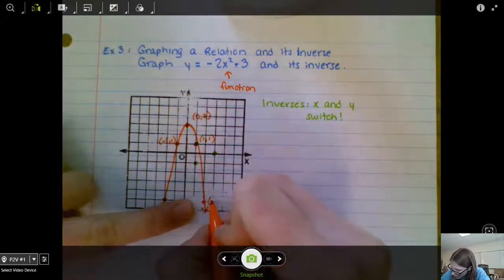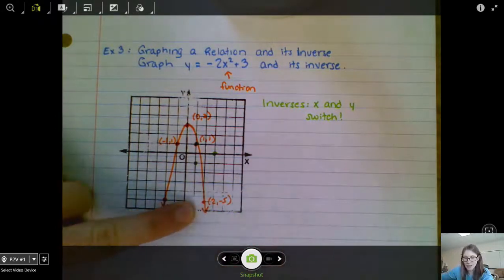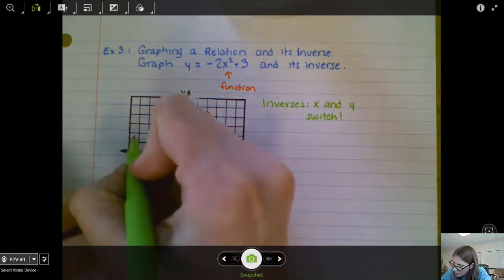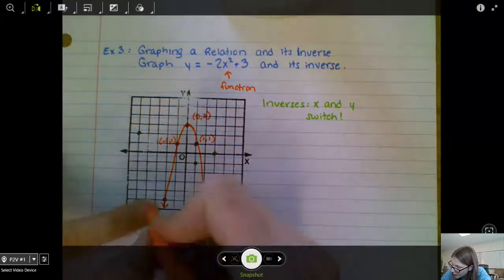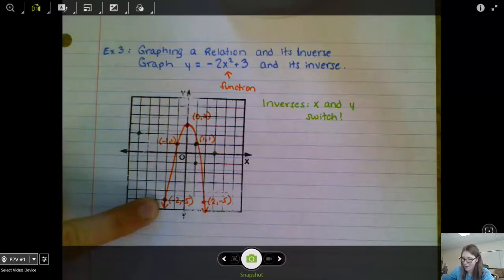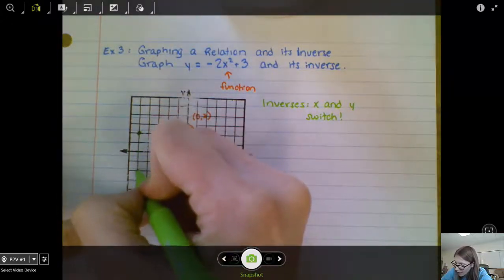Down here I had 2, negative 5. Switch the x and the y around, I get negative 5, 2. And then over here, this point was negative 2, negative 5. If I switch my x and my y, I get negative 5, negative 2.